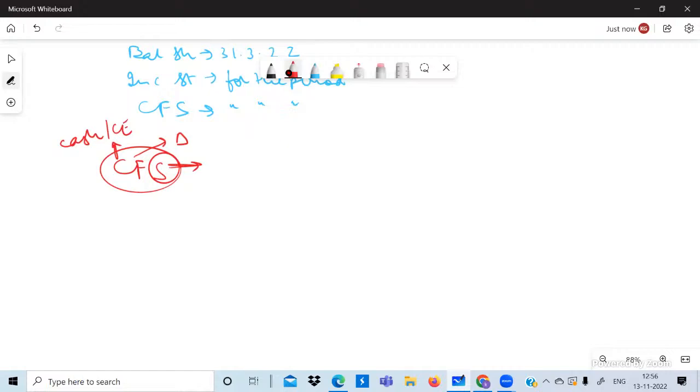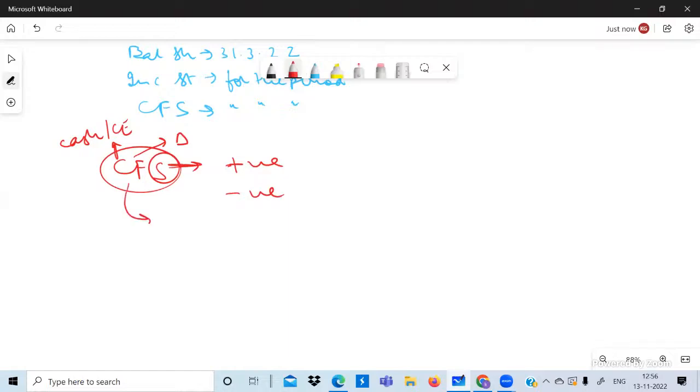So I'm looking at a statement which will tell me whether money is coming in or money is going out. If money is coming in, you show it as a positive number. If money is going out, you show it as a negative number.